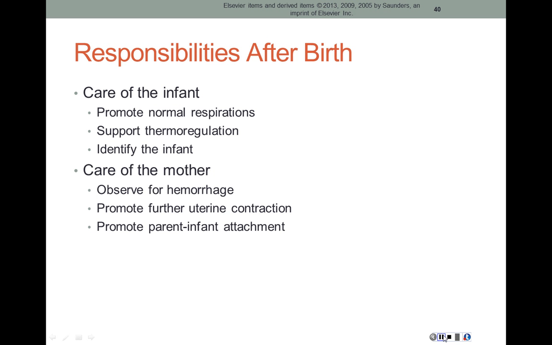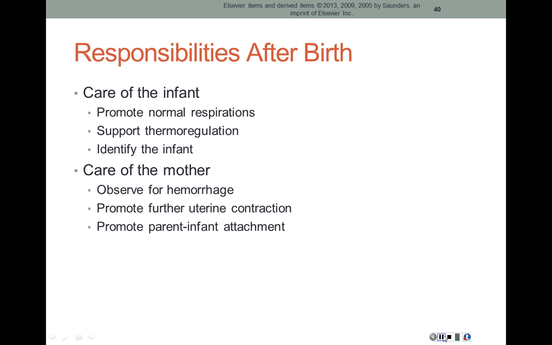We want baby lying on mom's chest. If baby is sucking, we want baby to go ahead and attach to mom's breast. So we really have to promote that parent-infant attachment just as soon as baby's born, if that's possible.